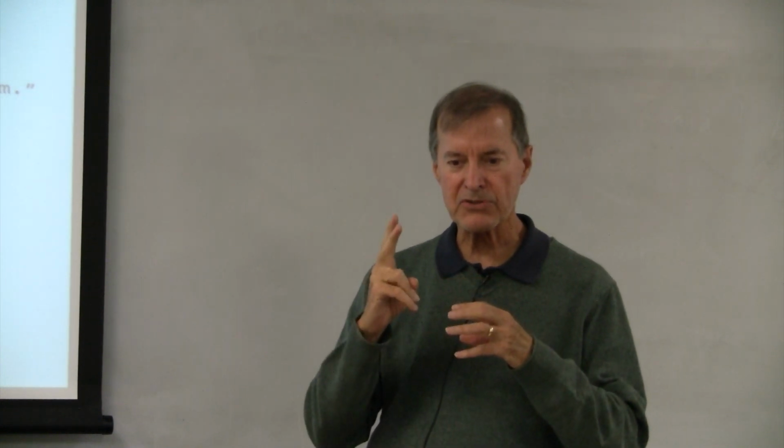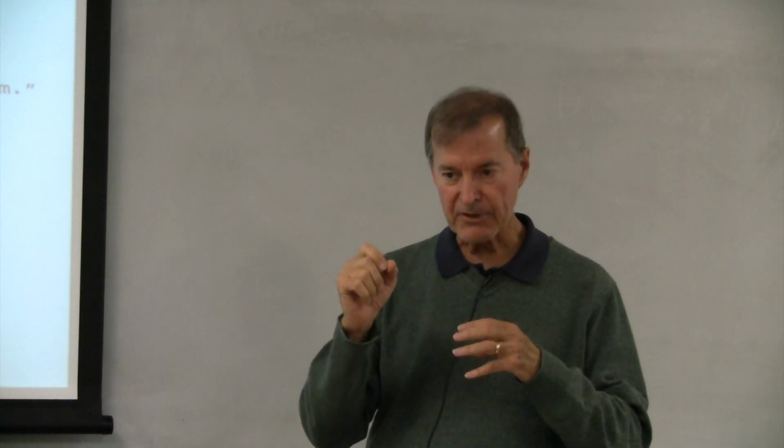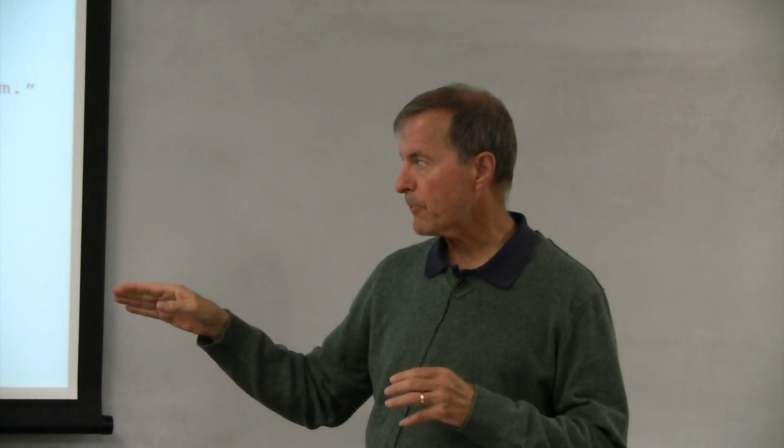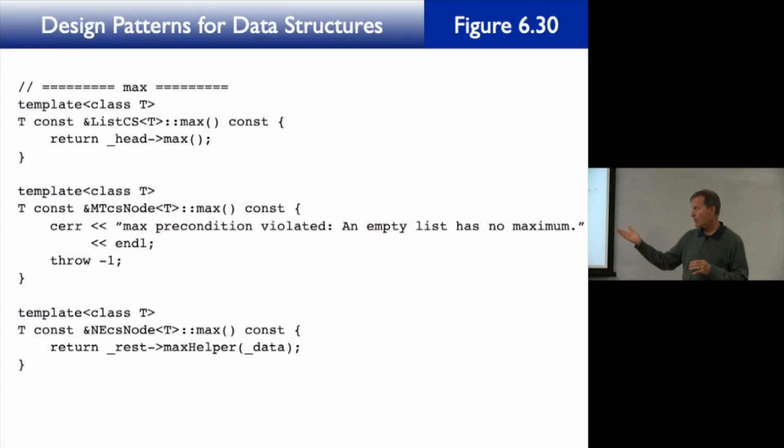The parameters and the attributes. So what are the parameters of a non-empty node? In this case there are no parameters. But what are the attributes of a non-empty node? Underscore data and underscore rest.